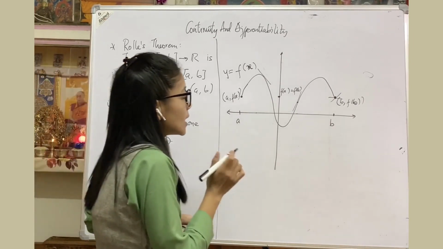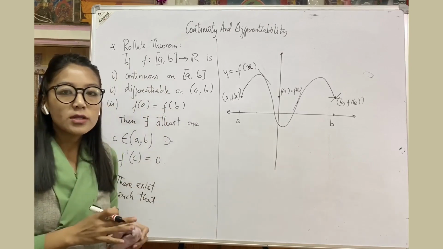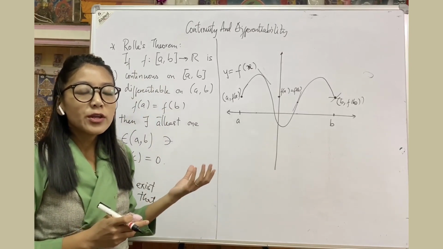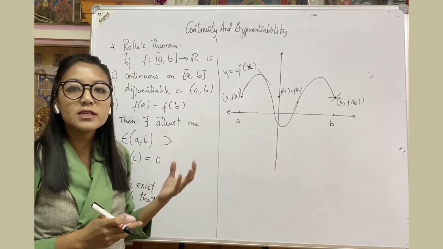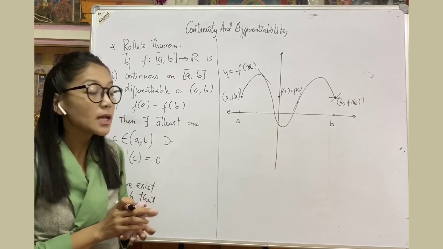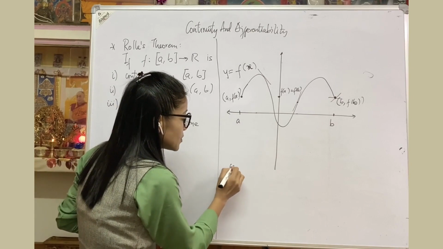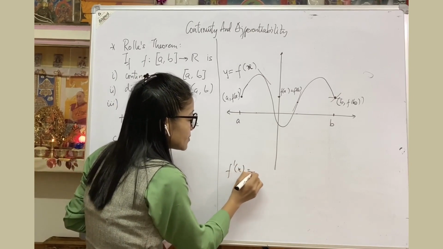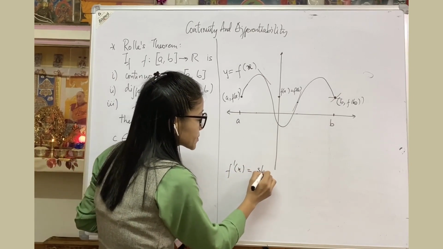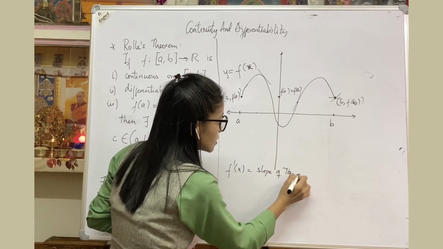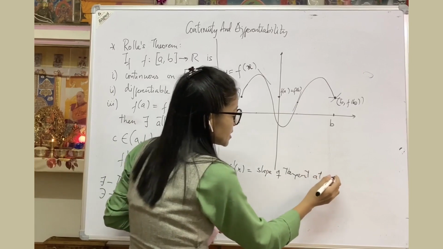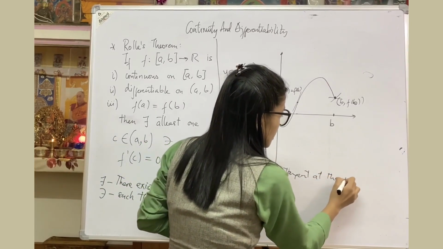Now first let me recall this. In class 11, when you were introduced to differentiation for the first time using the first principle method, we said that f dash x is equal to the slope of the tangent at this point. Slope of the tangent at the point, is it?